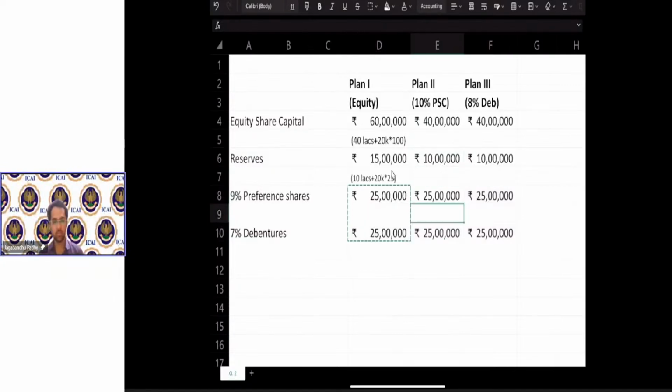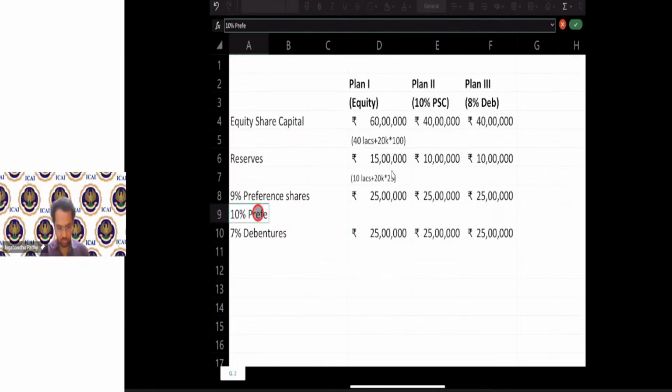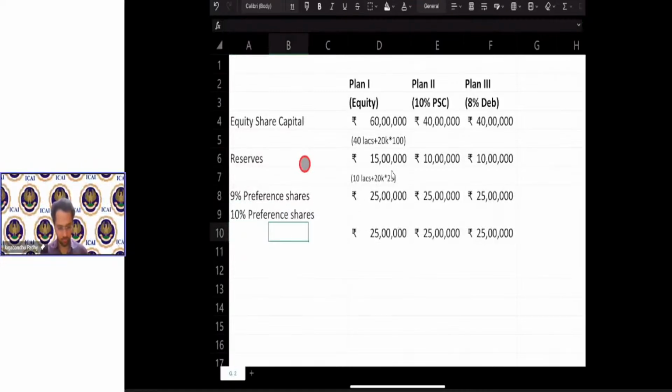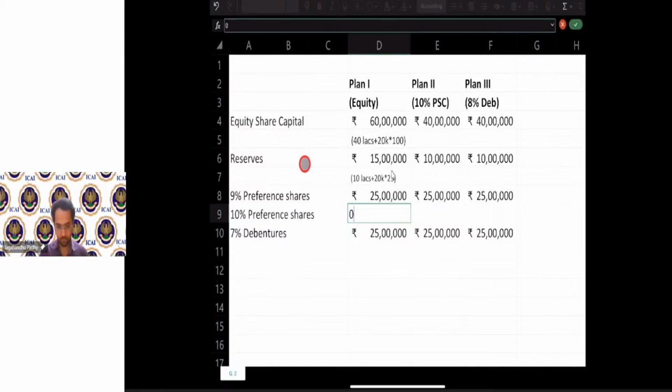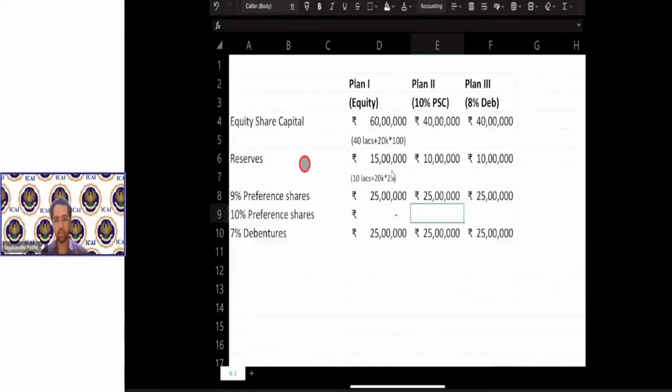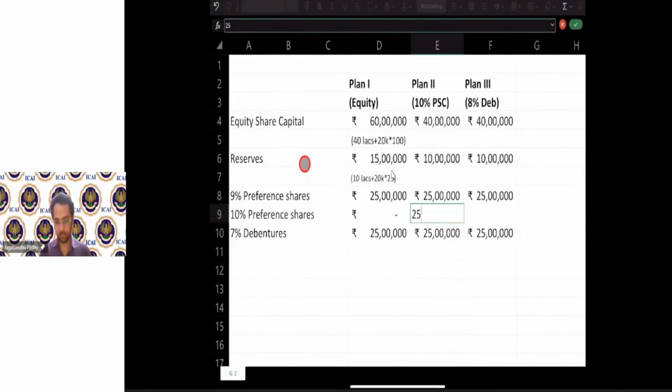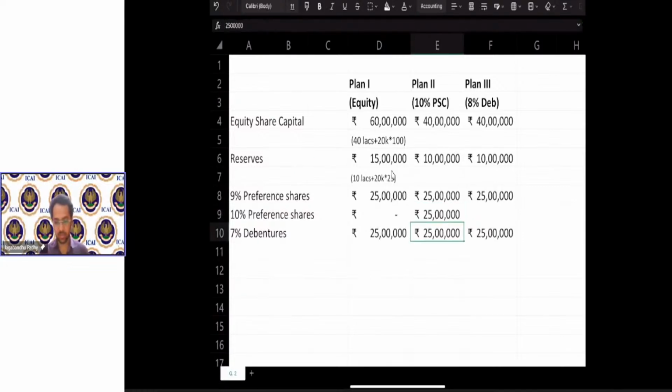What is going to be different is, in plan 2, preference shares additionally have been issued. So 10% preference shares have been issued in the second plan to the tune of 25 lakh, because that's the amount of preference shares that we needed.